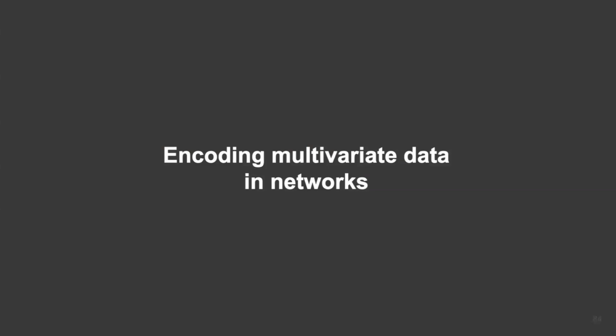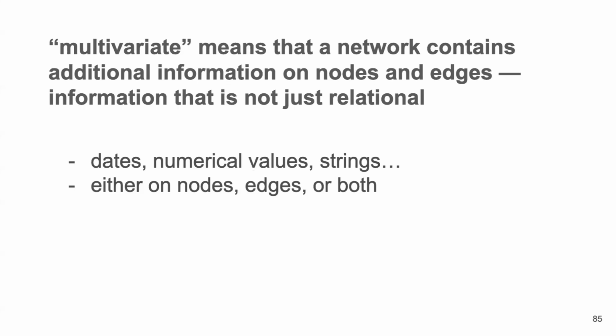Okay, regarding encoding multivariate data in networks. Multivariate means that things can contain additional information that can be of so many different types. It can be dates, numerical values, strings, integers, any data type, and it can be associated to both the nodes or the edges.